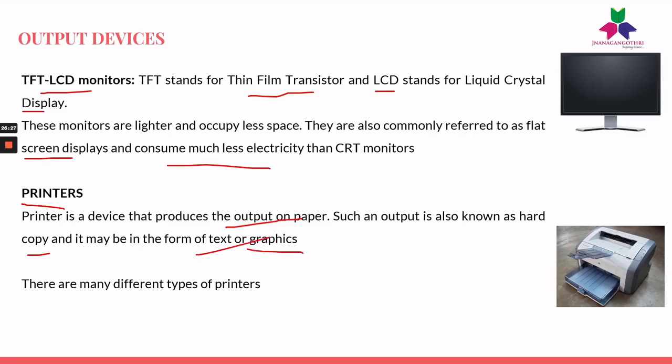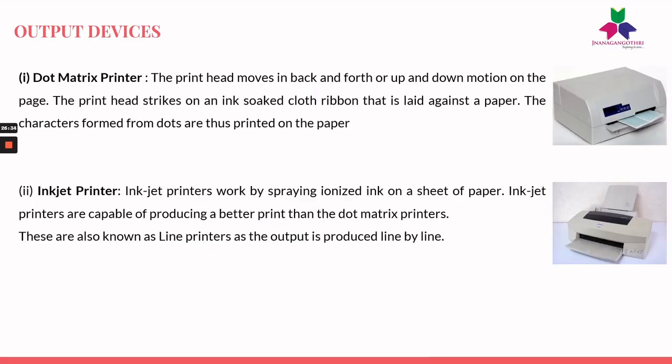So there are different types of printers. Let's talk in detail about each one of them. The first one is what we call the dot matrix printer. Here there is a print head. This type of printer uses a print head which moves in a back and forth or up and down motion on the page.